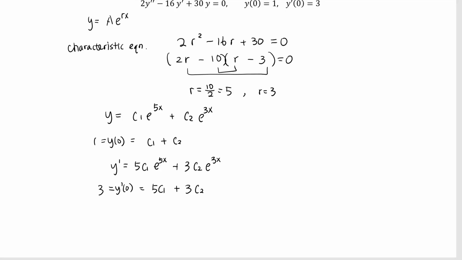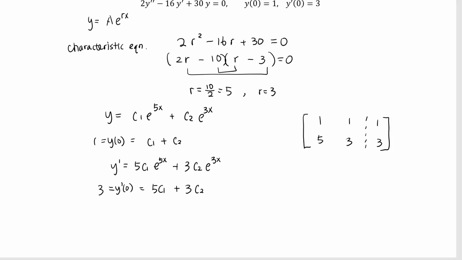Now we have two equations. We should be able to find the unknowns. Remember, we want to find C1 and C2. The first equation is C1 plus C2 is 1. The second equation is 5C1 plus 3C2 is 3.